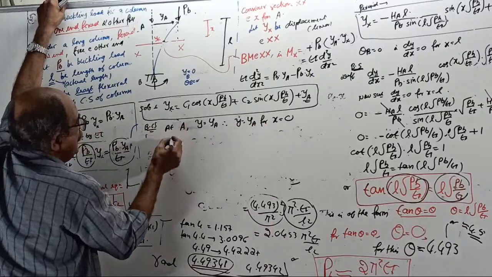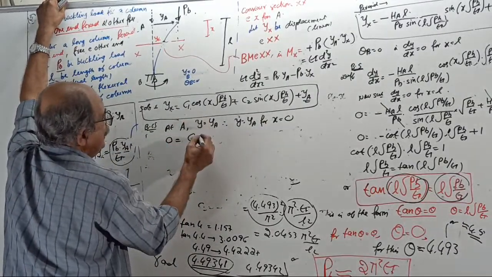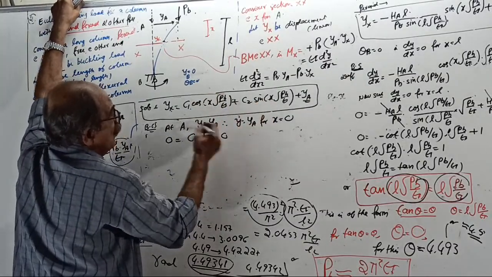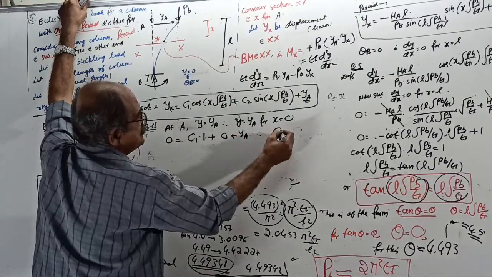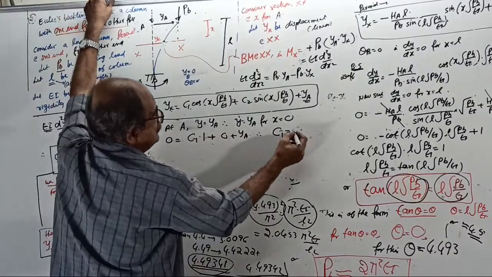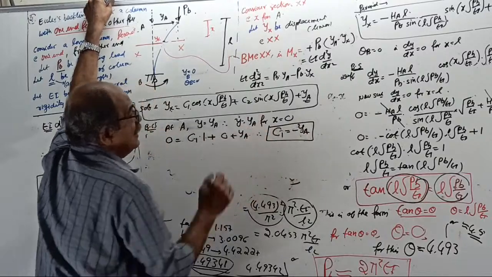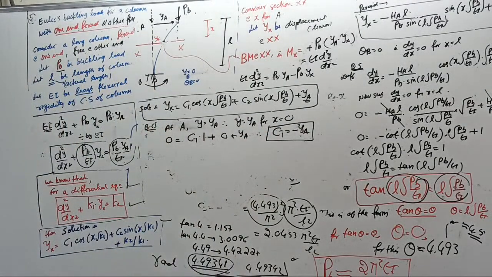Start. YA equal to C1 into cos 0, which is 1, plus sin 0 is 0, plus YA. Therefore, your C1 equal to what? C1 equal to minus YA. Fully clear? Your C1 equal to minus YA. This is also clear? Fast tell me.